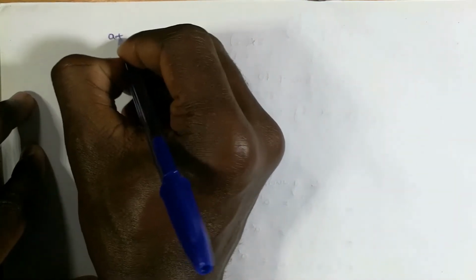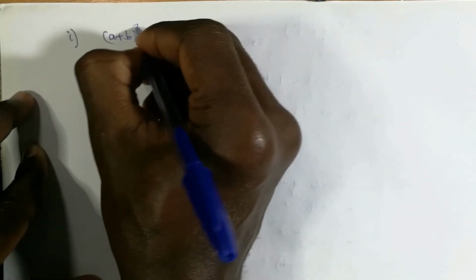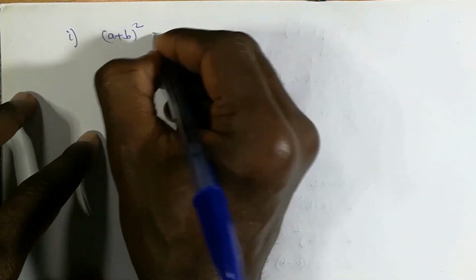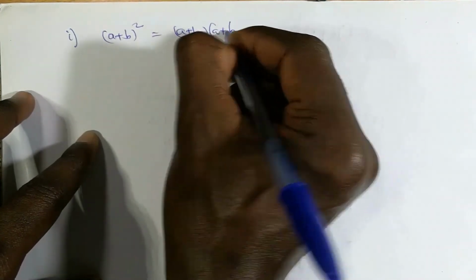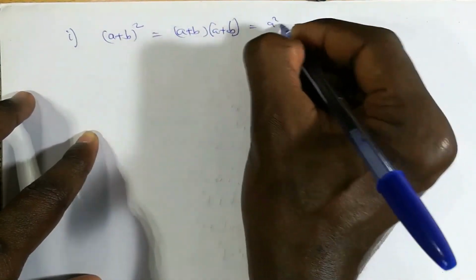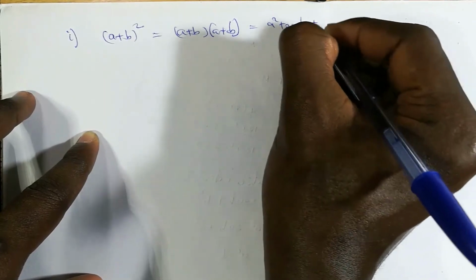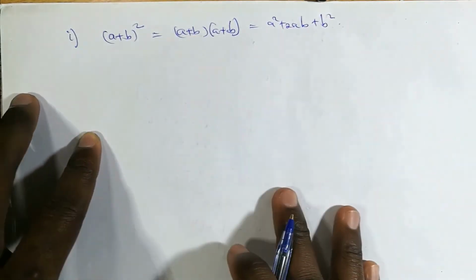So the first one you're going to check for is (a + b) squared, which is given by (a + b) into (a + b), which gives us a squared plus 2ab plus b squared.